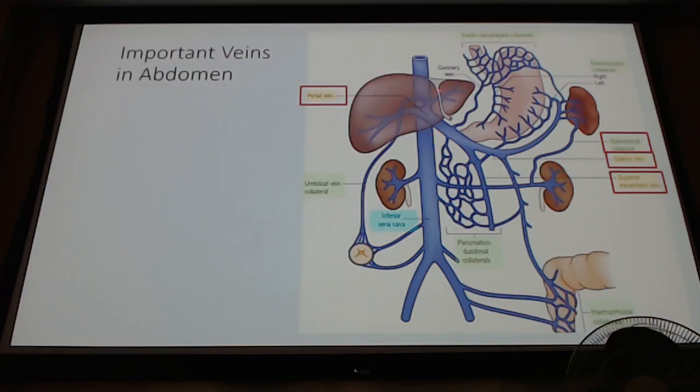If you have a backup in your liver putting pressure on the portal vein, it's going to put pressure on the coronary veins, and these gastroesophageal collaterals are where you get your esophageal varices from. That's why when somebody has really bad cirrhosis or liver failure, you can bleed into the esophagus because of those varices. So knowing the anatomy is super important.